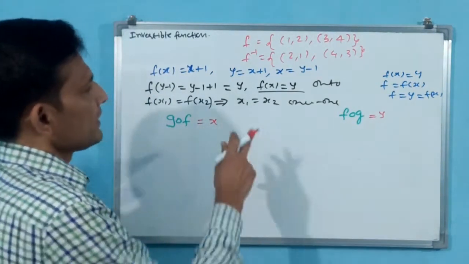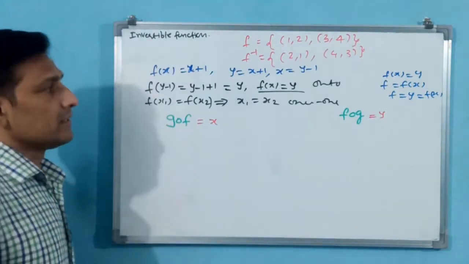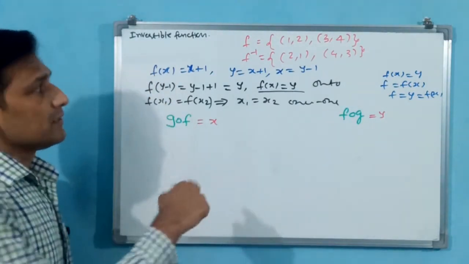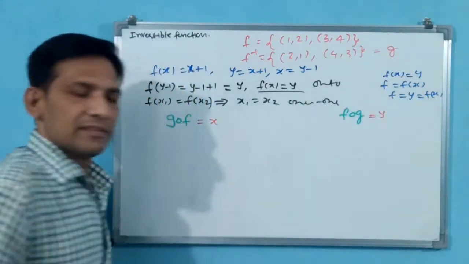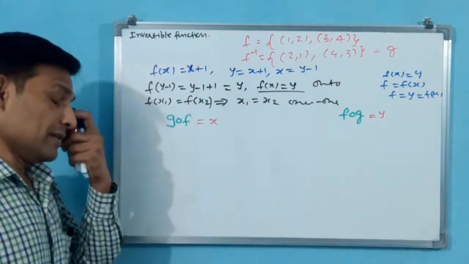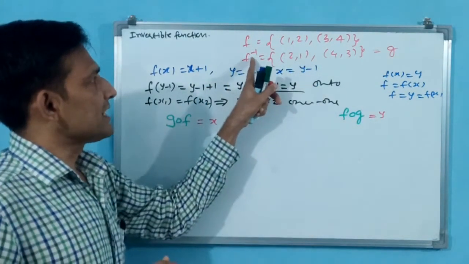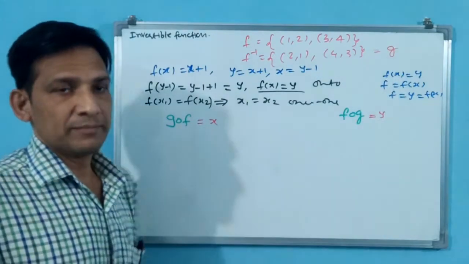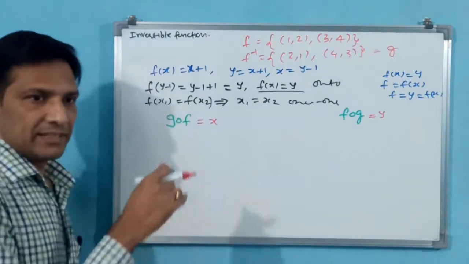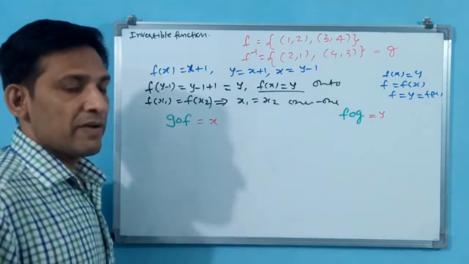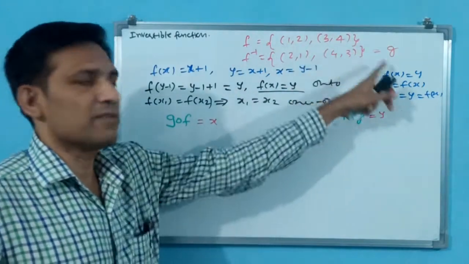Okay. Now say, for the inverse, rather than F inverse, if you take G. Always G may not be F inverse, but for this sake, for an invertible function, when they ask us to write the inverse, at that time you take G as F inverse.